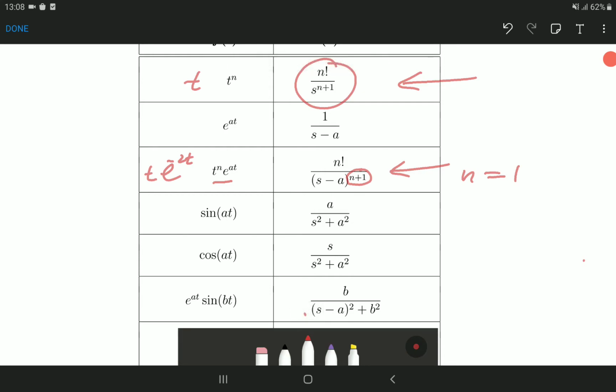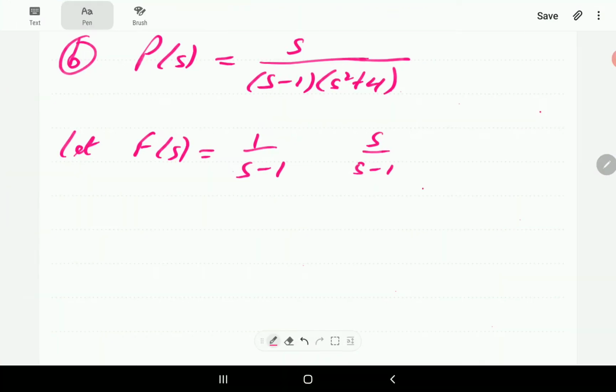Just go to the table. We have this type of term, and notice it doesn't have a term of s in the numerator. The term that does have an s in the numerator is that one, which in our case is going to correspond with the s squared plus 4 term.